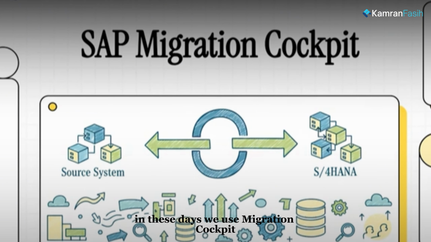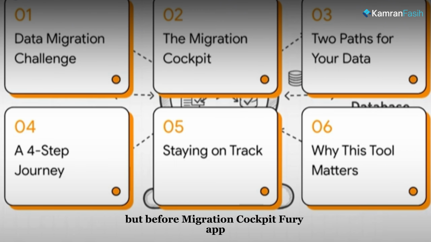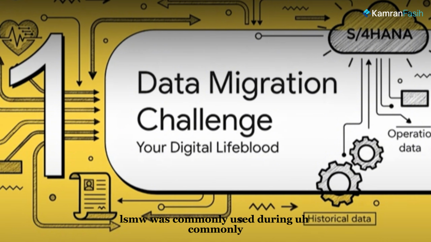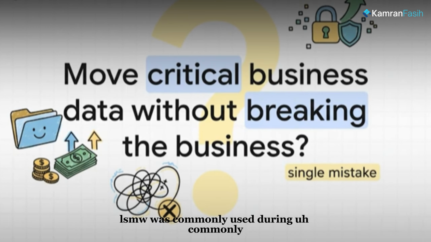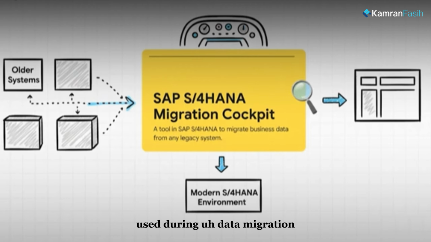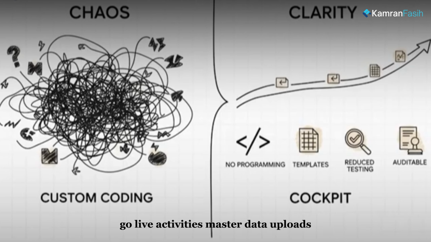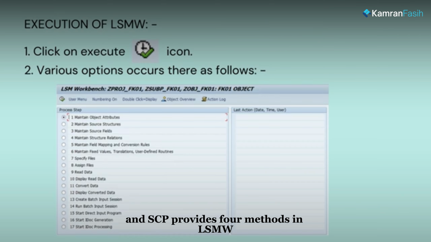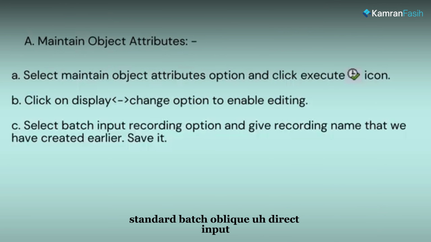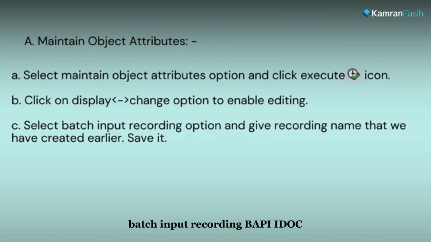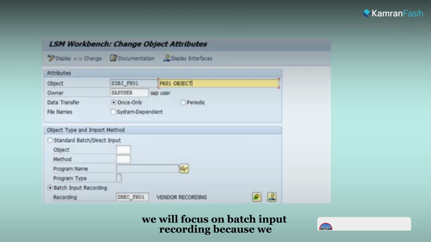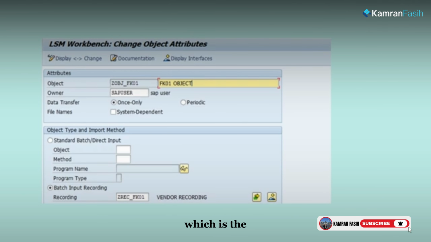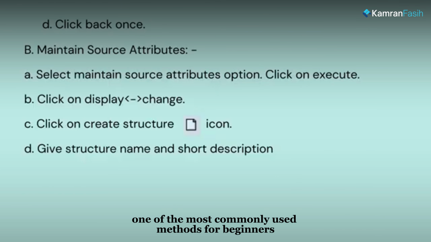These days, we use Migration Cockpit Fiori app, but before that, LSMW was commonly used during data migration, go-live activities, master data uploads, master data changes. SAP provides 4 methods in LSMW: the standard batch, direct input, batch input recording, BAPI, IDOC. In this video, we will focus on batch input recording, which is one of the most commonly used methods for beginners.